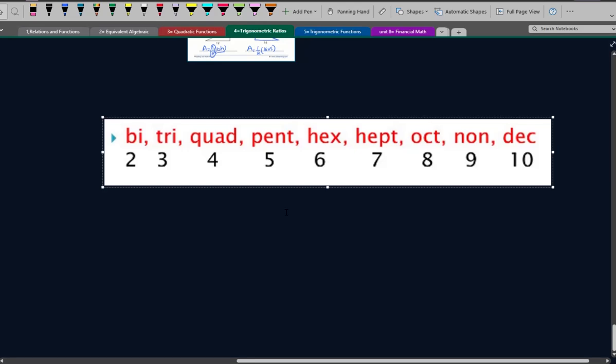If you ask me what the Latin prefix counting is, I would say, by closing my eyes: bi, tri, quad, penta, hexa, hepta, octa, nano, deca. It's like 2, 3, 4, 5, 6, 7, 8, 9, 10.